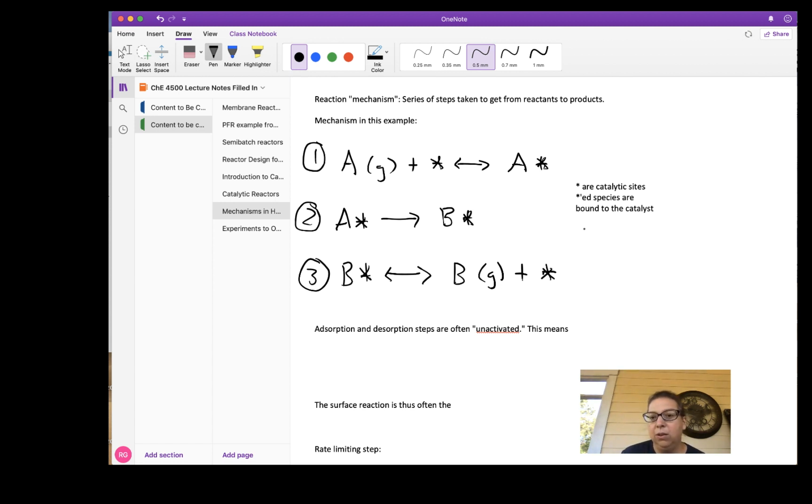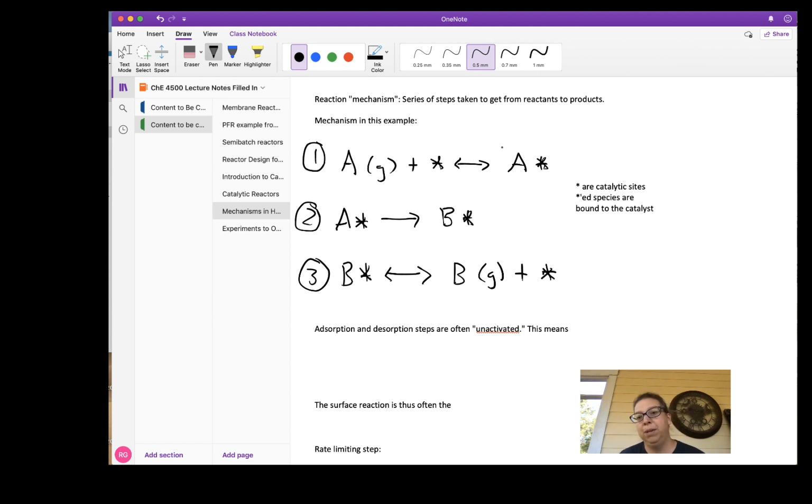In this notation, when we talk about heterogeneous catalysts, often we use an asterisk to denote a catalyst site. A catalyst site is a place on a catalyst surface where a species can adsorb. A molecule of A here collides with and reacts with a catalyst site to form adsorbed A. This species here is A bound to that catalyst site.